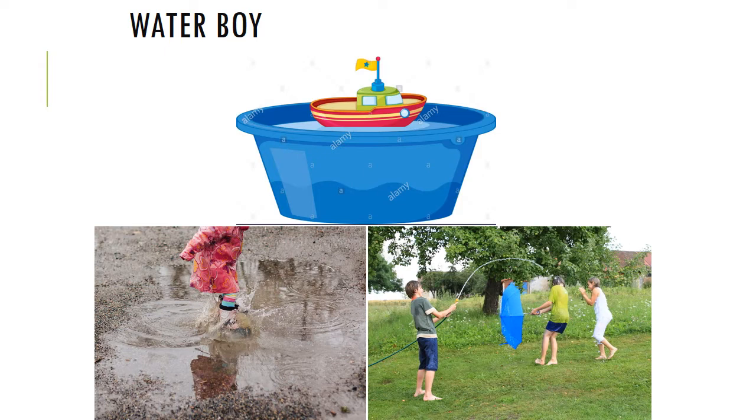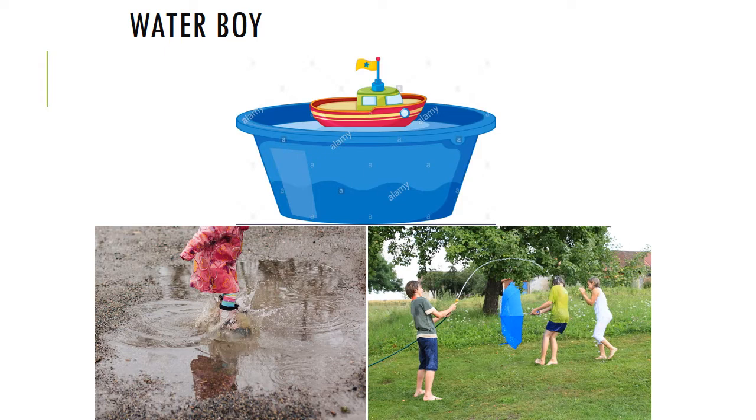He liked to make big mud puddles in the garden and pretend it was a lake. Puddles are small pools of usually dirty or muddy water. So he used to make puddles in the garden and pretend it was a lake. He liked to open the hose and splash his friends when they walked by.